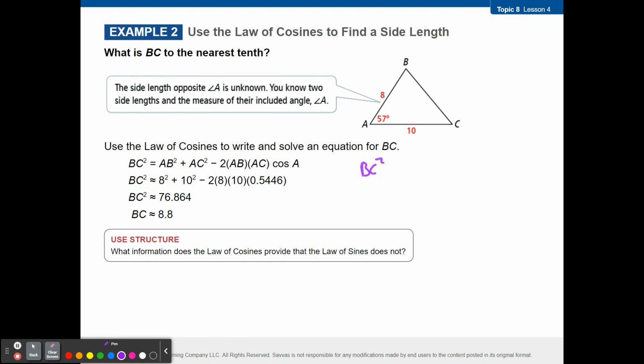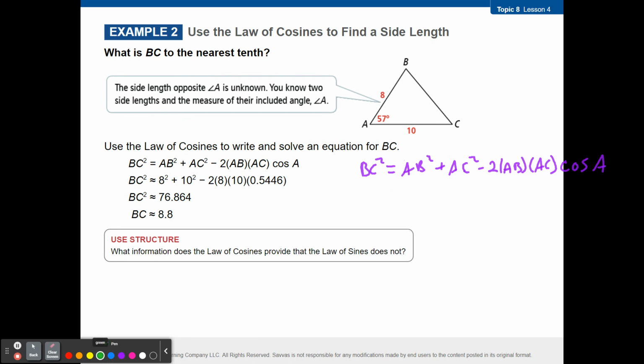BC squared equals AB squared plus AC squared minus 2 times AB times AC, and then times the cosine of angle A.